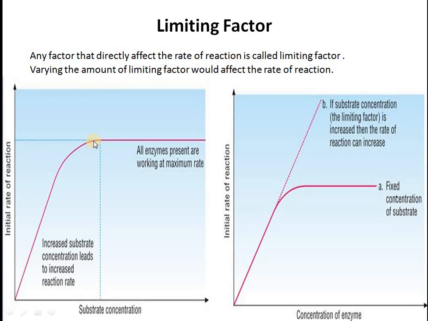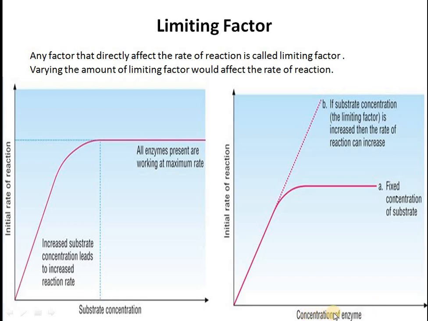Now the rate of reaction would only increase, like I told you, if we add more enzyme here, or the enzymes occupied by the substrate do the reaction, make the product, and can be used again in the reaction. Similarly, in this graph, I have taken concentration of enzyme on x-axis.